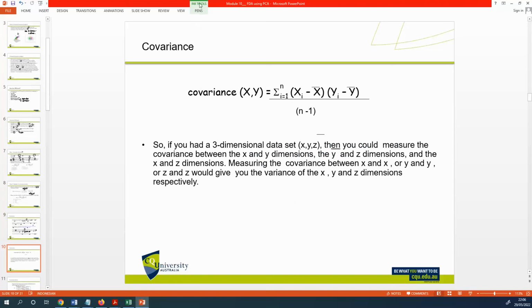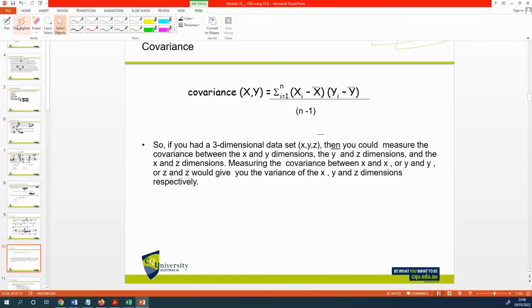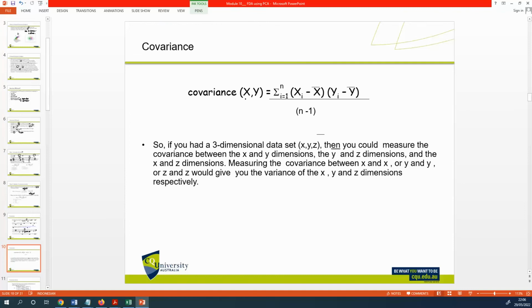So this is already explained before. The covariance of x toward y is the total of x minus the x mean, times the target variable minus the target variable mean, divided by total population minus 1.